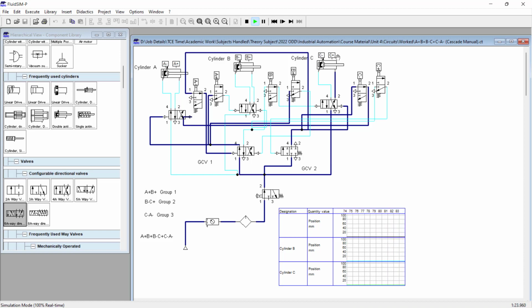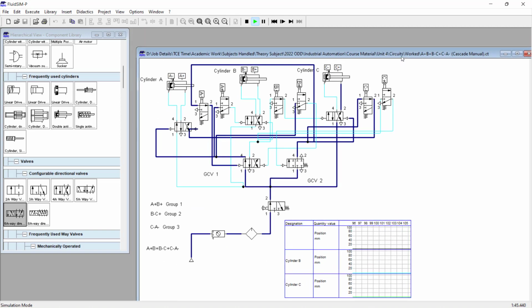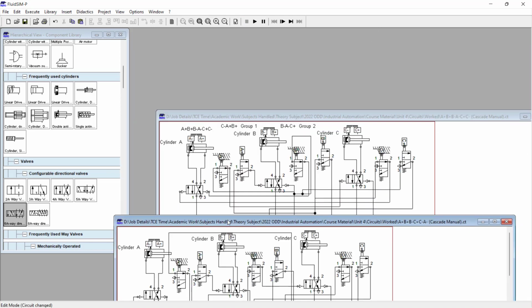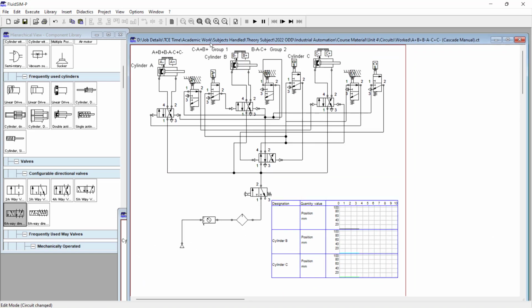Okay, in previous simulations, here we have three groups for the six sequence of operations for the three cylinders. Similarly, we also discussed this two group sequence.